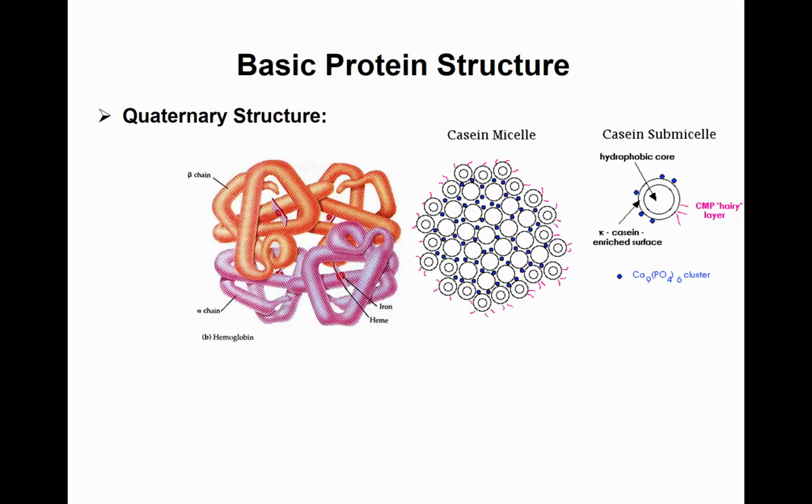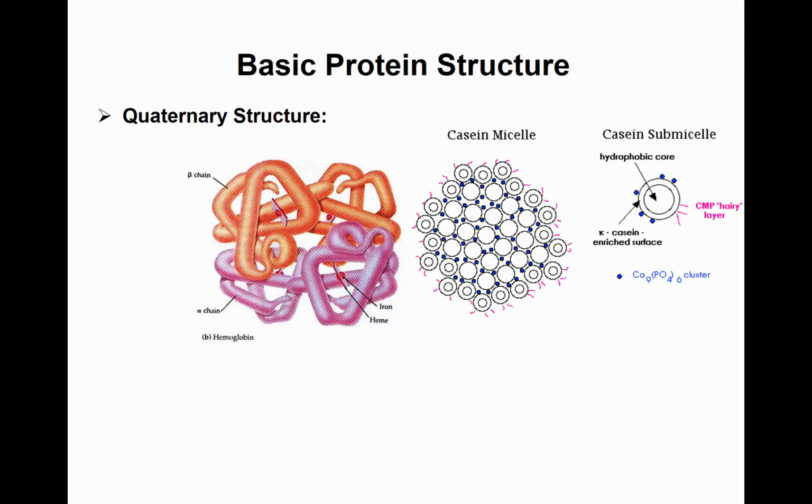So it was necessary for these proteins to form this quaternary structure to be stable in milk. Sometimes we need that. Whey protein doesn't need that. Whey protein does not exist in a quaternary structure because it's hydrophilic on the surface, interacts with water, and doesn't need to be stabilized further. This is another globular structure, which is hemoglobin.